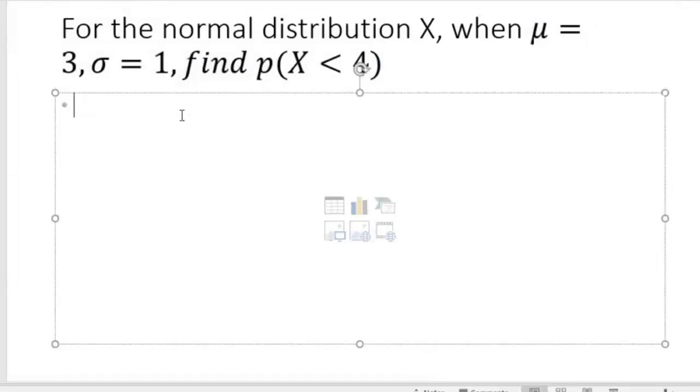So first you should remember this formula in all the questions: Z equal to (x minus mu) divided by sigma. So this formula you should remember.